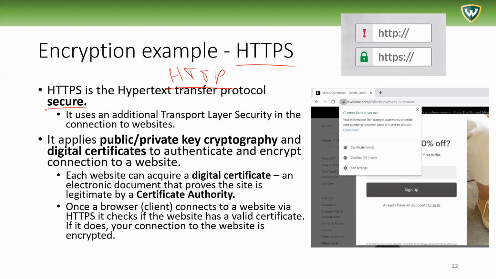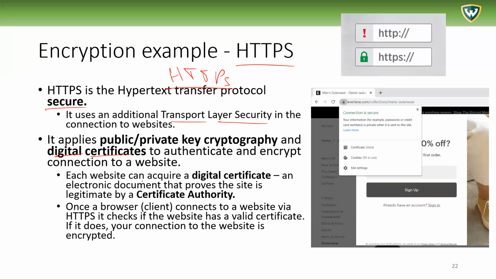It uses an additional transport layer security in the protocol for the connection to websites all around the World Wide Web via the web browser. This system of HTTPS uses the public-private key framework, and also documents called digital certificates to both authenticate the website and encrypt the connection to a website.